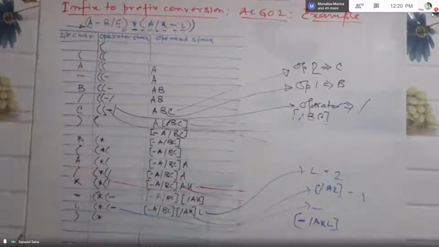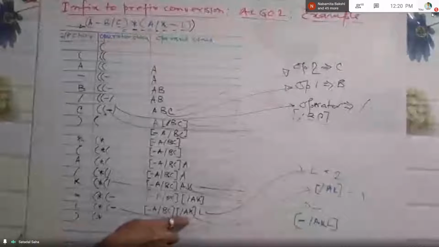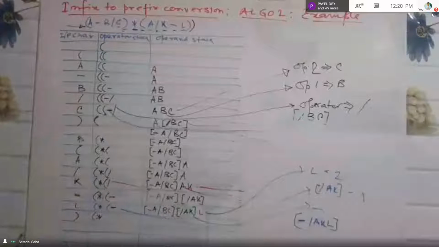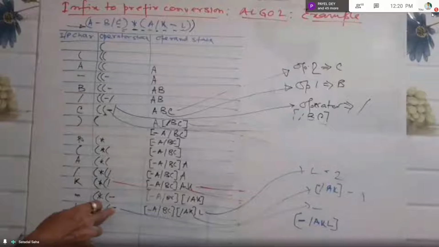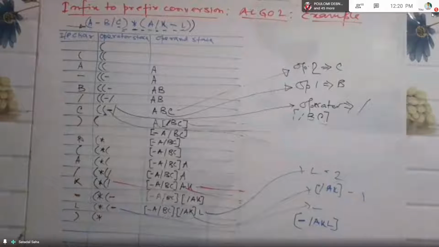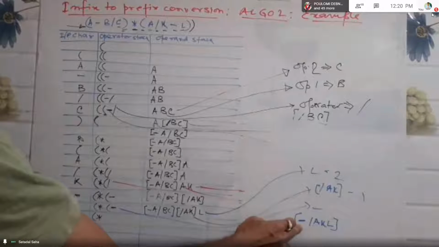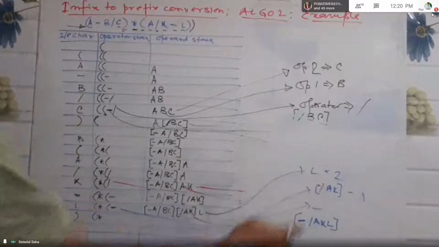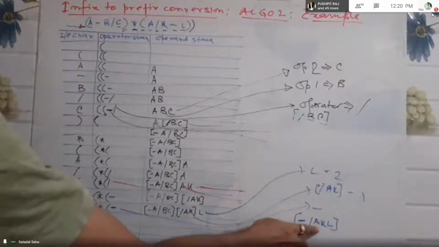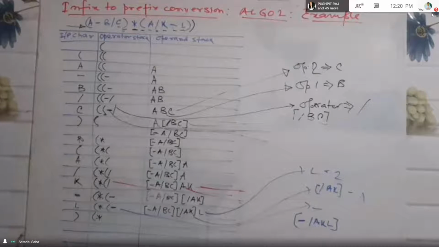That is, you pop L as operand 2, this one. You pop slash AK as operand 1, and then you pop minus as operator. Now you concatenate, that is minus, then operand 1, then operand 2. So minus slash AKL. This is the result. So now you push this result onto the operand stack.